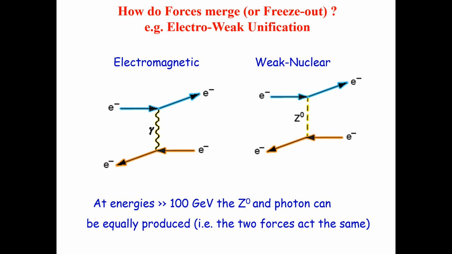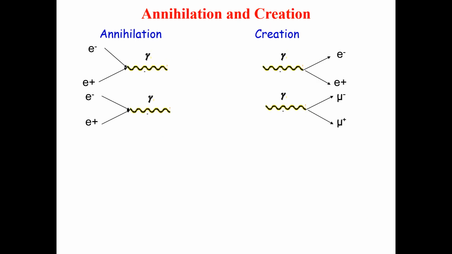So that's why these two forces are being unified into a single force, which has been given the name of electro-weak unification. The basic concept was that these two forces act the same at energy greater than 100 giga electron volts.